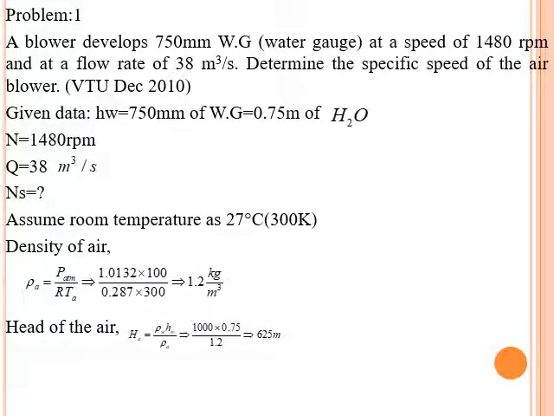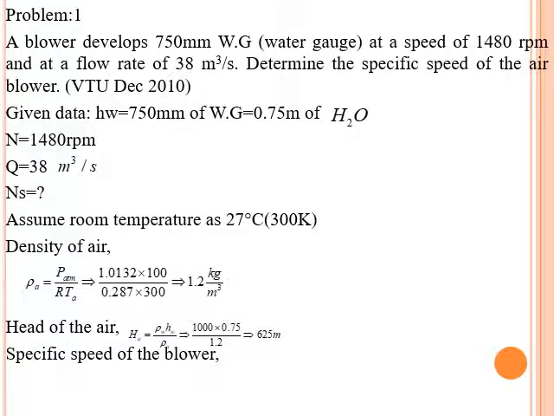The density of water is taken as 1000 kg per meter cube. The head of water is 0.75 meter of H2O and the density of air is calculated as 1.2. After simplifying this, we get the head of air HA equal to 625 meter.